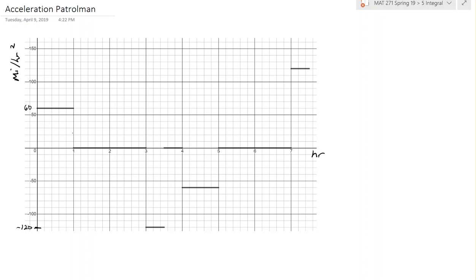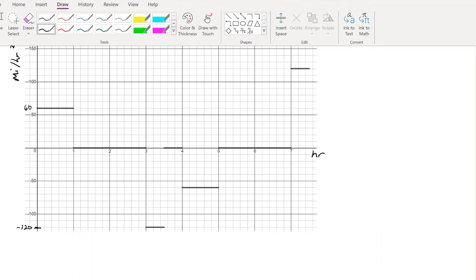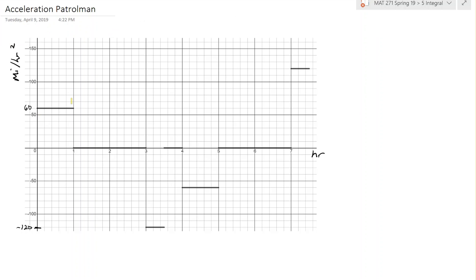And if you notice here, that happens to match. If we were to look at the area under the curve as we go from 0 to 1, this area in here, it's 1 unit wide and 60 high, so that 60 matches the miles per hour that we believe he should be going at the end of that 1 hour.